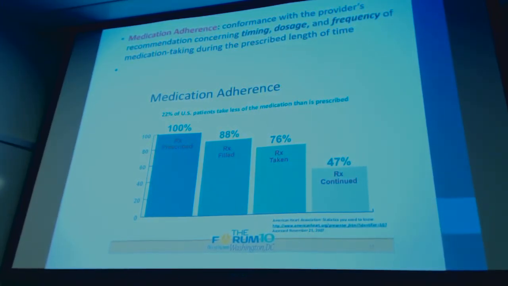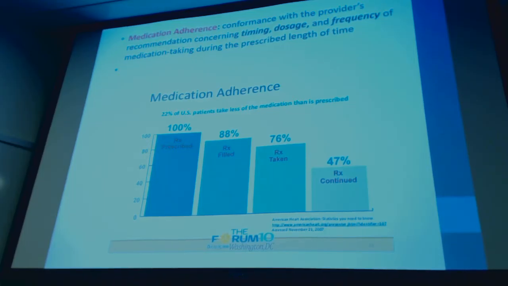Now, this is for chronic. Here we've given you a prescription. Okay? They've given you a prescription. You're going to go to the drugstore because that's how we've been programmed. But only 88% of you are going to get that prescription filled. When you get home, only about 3/4 of you are actually going to take it.